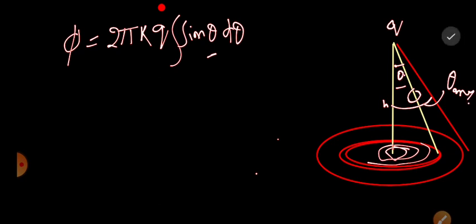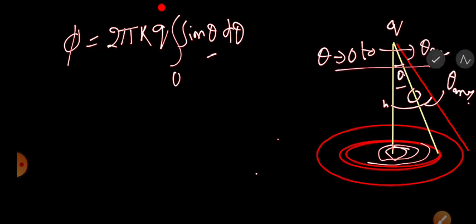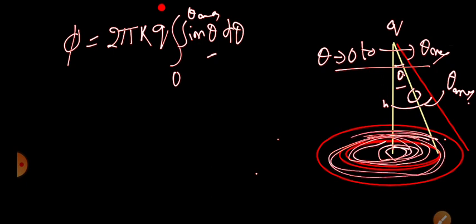So this theta varies from 0 to theta max. So I'll add 0 to theta max. Then all the rings will come, all these angles I will take, and I'll get the whole plate. Their corresponding flux can be calculated for all the lines of force. I can calculate the flux through all the rings.